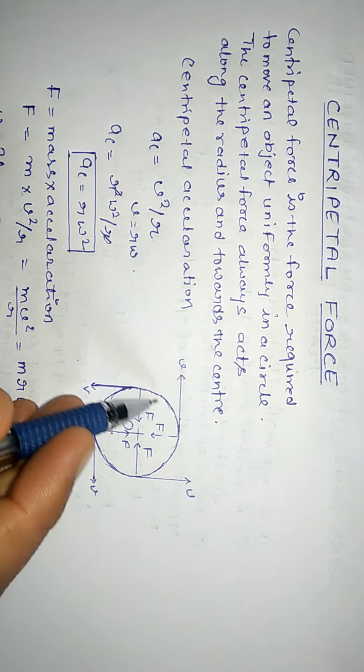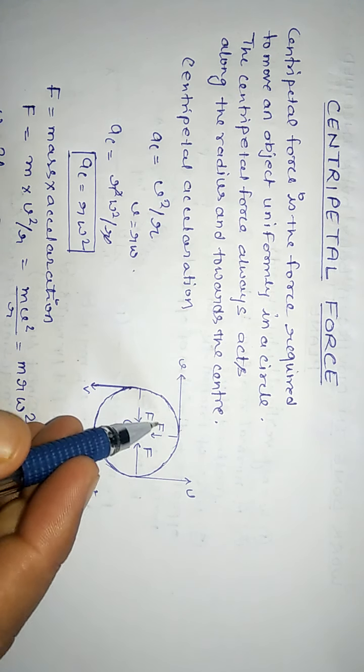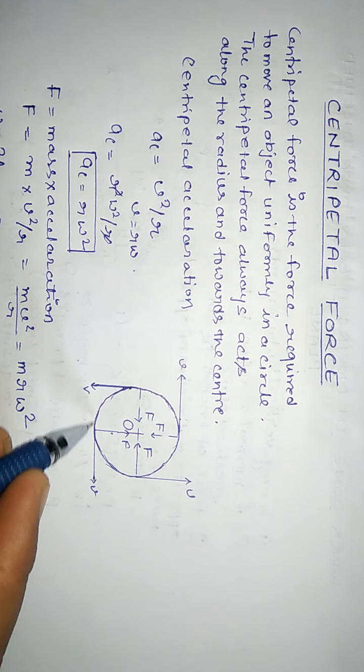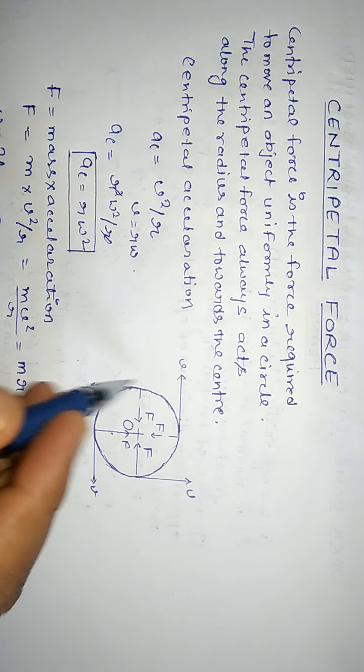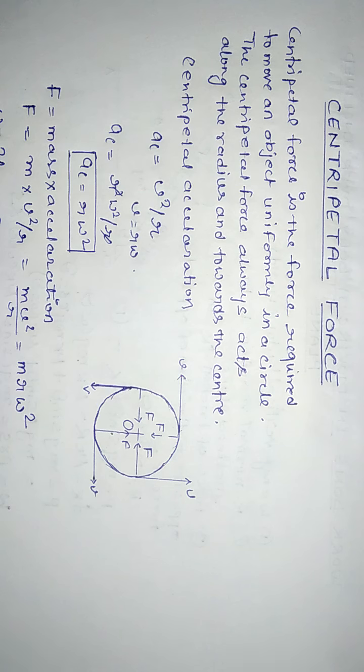Here in this diagram you can see that an object of mass m is moving along the circular path.